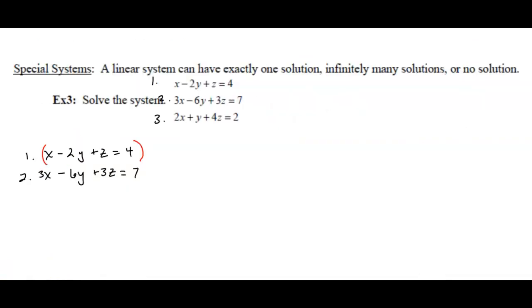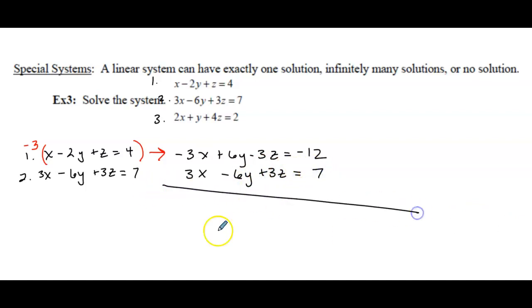Example 3, I lined up equation 1 and 2, as you can see, and I've decided that I want to eliminate x's. So I'm going to multiply the first equation by negative 3. When I do that, I get negative 3x plus 6y subtract 3z is equal to negative 12. On the bottom, I have 3x subtract 6y plus 3z is equal to 7.